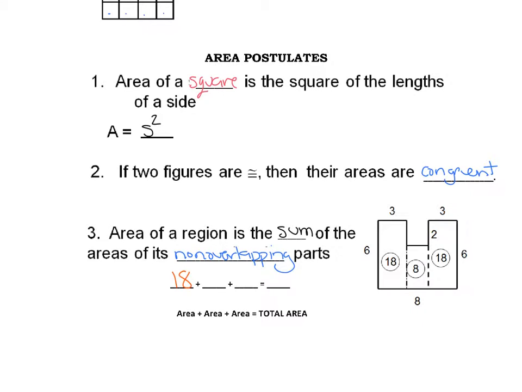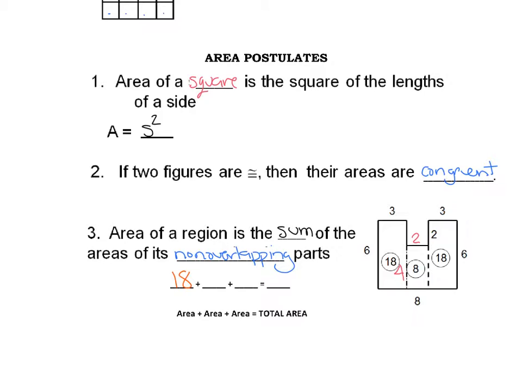Then the middle rectangle, 8 times, well, let's see here, how do we get 8? We see that's 3, that's 6, that whole thing is 8, so therefore that piece is 2. That whole thing is 6, this little section here is 2, so therefore that has to be 4.